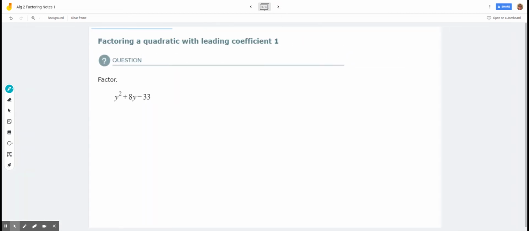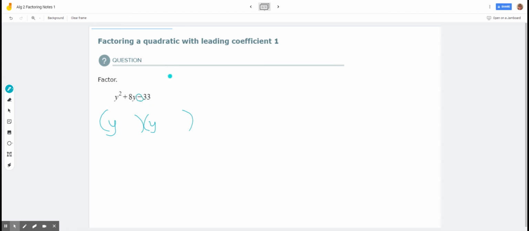Okay, next. All right, let's take a look again. Anything in common? Nope. How many terms does it have? 3. It's a quadratic. Let's try factoring it. Y and y, because y times y is y squared. List the factors of 33. Now look at that minus sign.